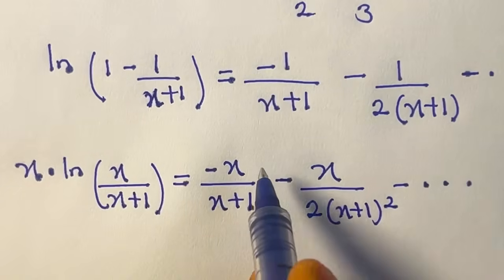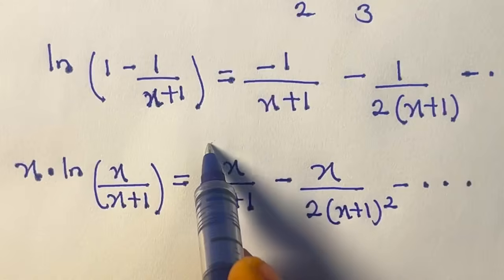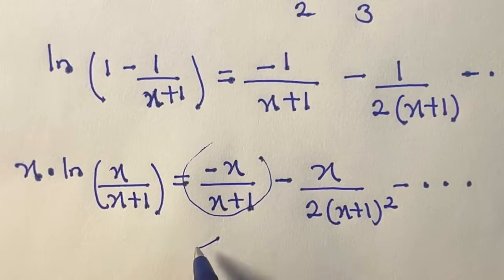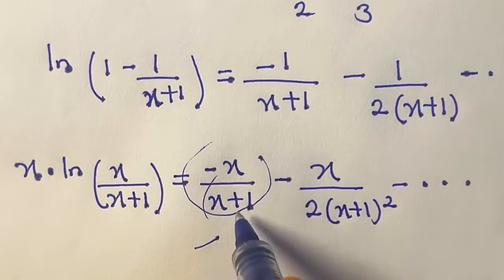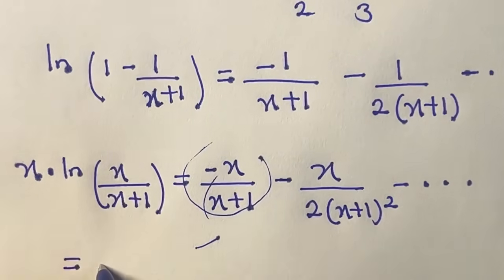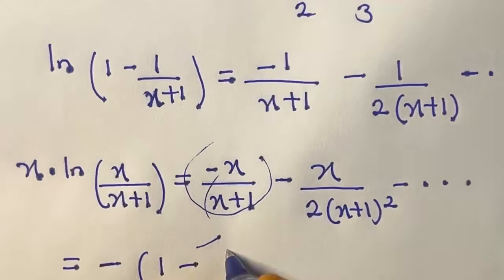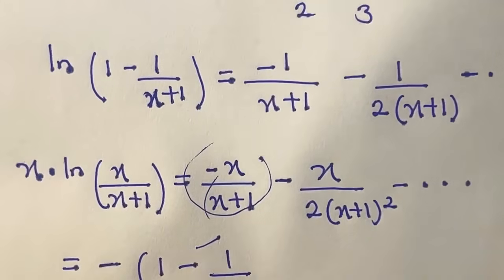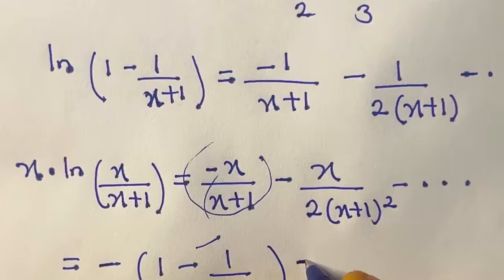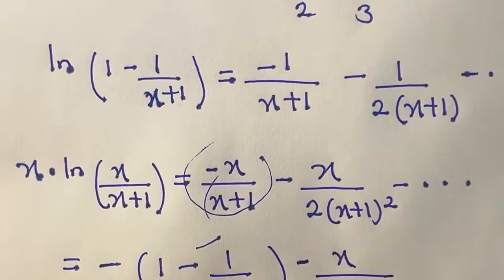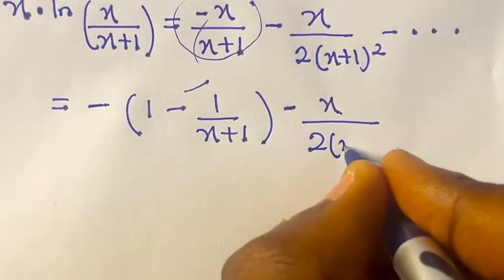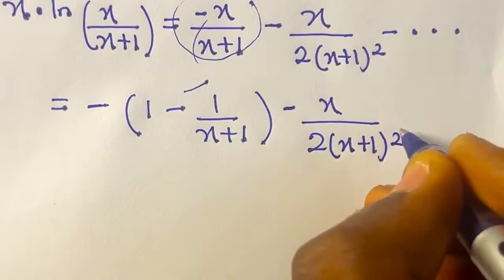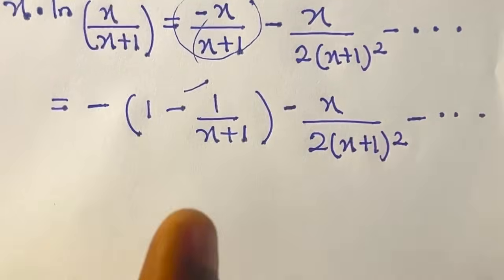So now I want to single out and tell you that the first term gives us minus 1 divided by x plus 1, times x, then let's balance it up with x divided by 2 times (x plus 1) squared, minus, and this continues.